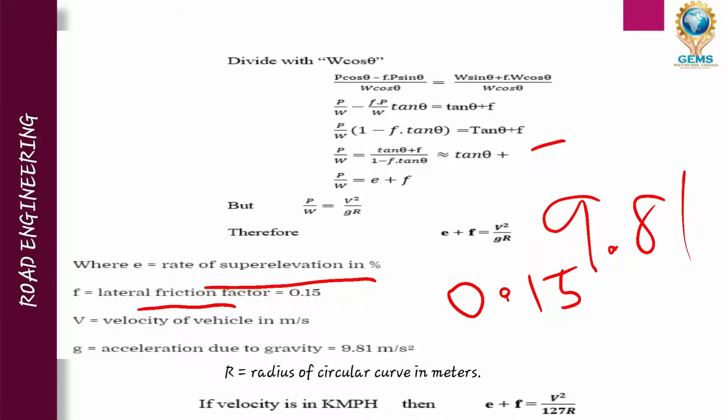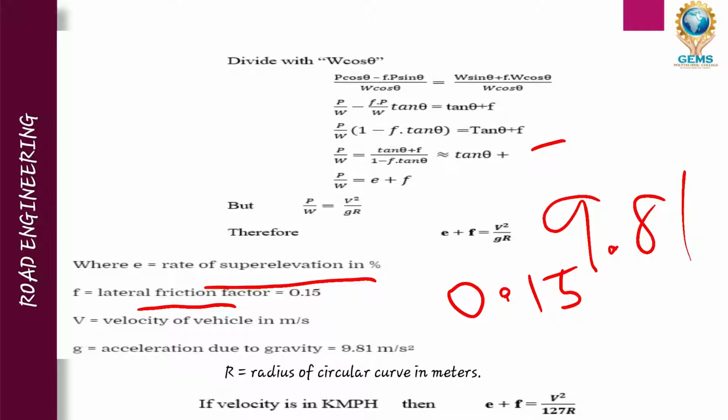The velocity of the vehicle will be in meter per second and it will be squared, and the acceleration due to gravity is 9.81 meter per second square. R is the radius of the circular curve in meter.